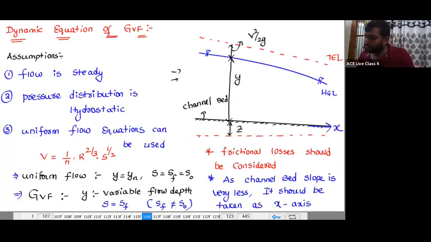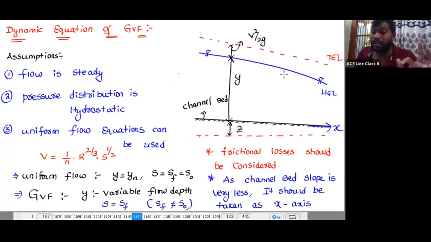Now, say I want to study the behavior of this water surface, which means I want to say whether the water surface is going to be rising or falling. In this case, the total energy line is always falling, and the channel bed is also going to be falling here. And this water surface may fall or may rise.